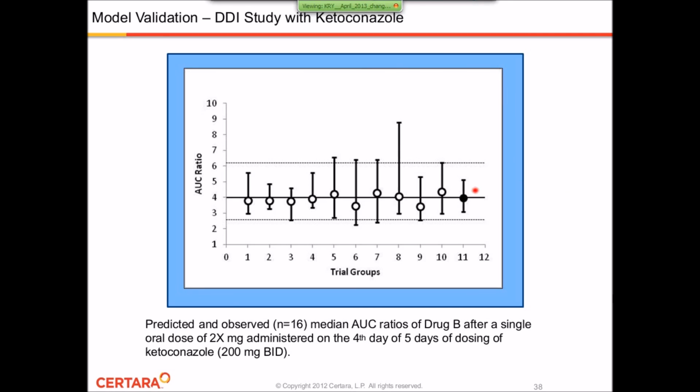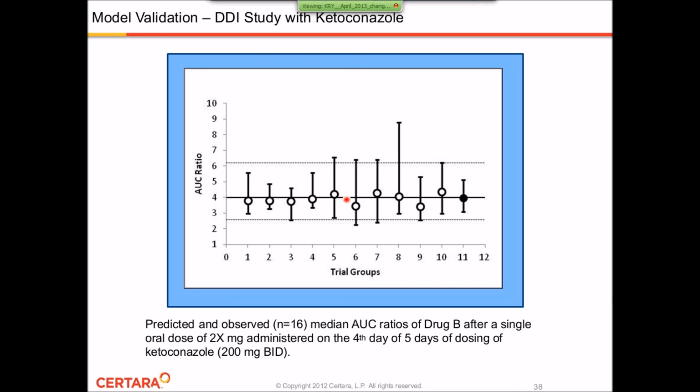And then, of course, we show how the median value and the range compares to the observed data. So the model that we developed using single dose data, we're able to recover the multiple dose data, and now what we're showing you is that we're able to recover the study with ketoconazole.